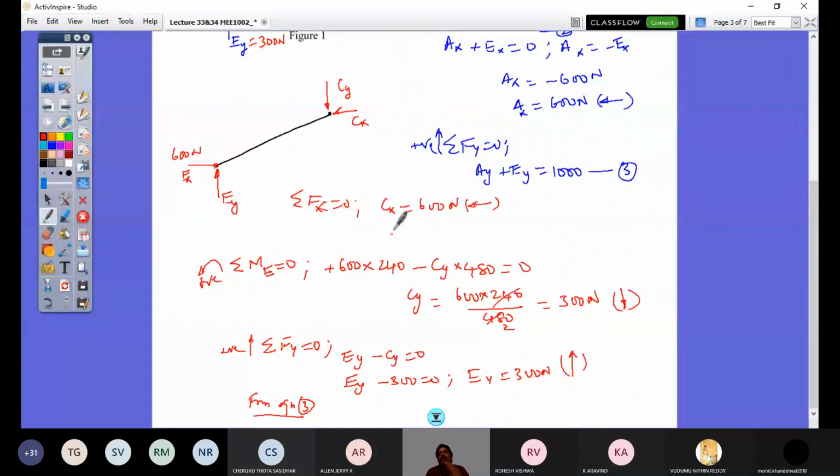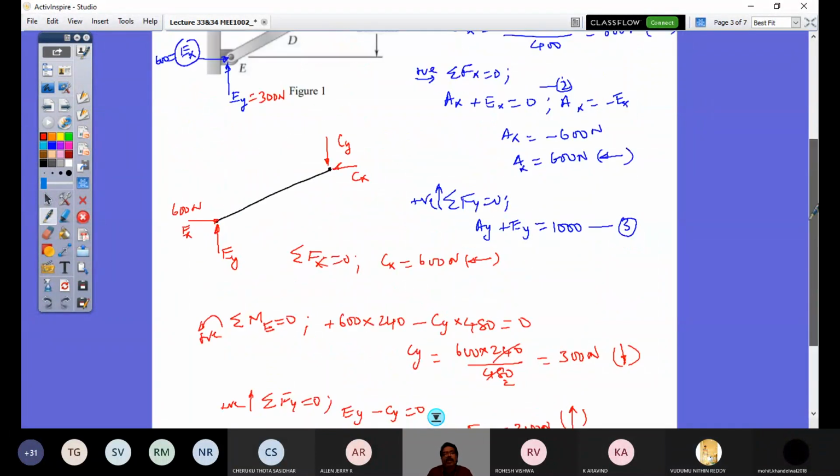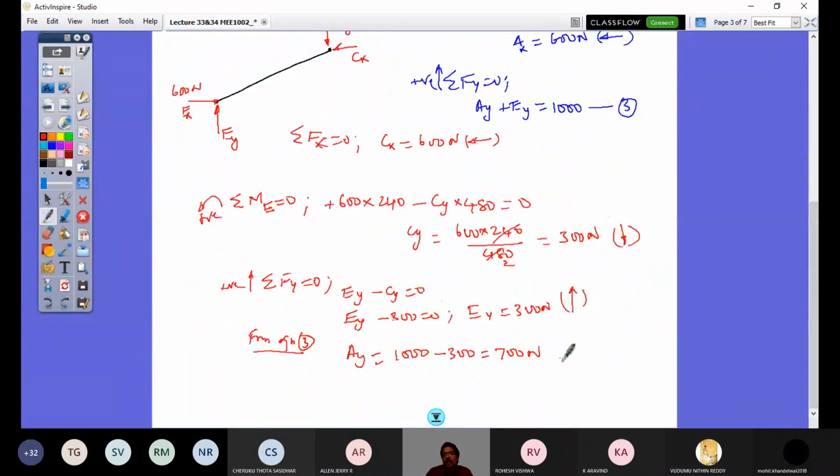So I have to have both the entire frame free body diagram as well as an individual component free body diagram to solve this problem. So from equation 3, Ay would be 1000 minus Ey. So Ey is 300. So it is 700 Newton. And since it is positive, the direction is correct in that consideration. So what was considered is upward. So Ay is 700 Newton upward.